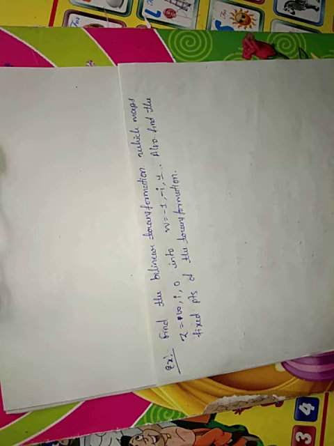So the procedure of the example is as usual. First we have to assume the bilinear transformation and substitute the respective z and w in the assumed form, so that we get 3 equations in 4 unknowns. In that, consider any 2 equations and convert them into an equation in 3 unknowns.